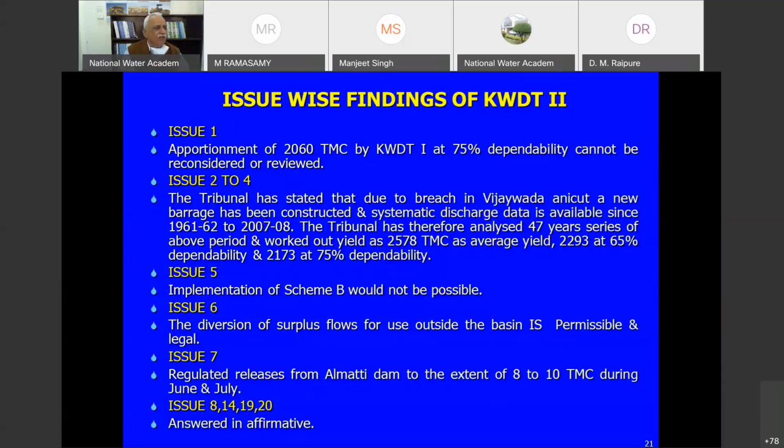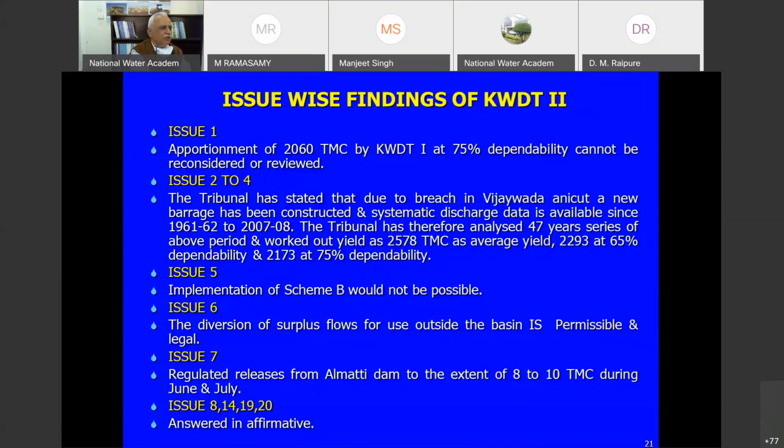This honorable tribunal has also observed that, considering the utilizations in 2007-8, the utilization has reached a figure of 2,306 TMC, which is very near to the figure of 2293 at 65% dependability, and therefore this tribunal has allocated water in second instance of dependability.